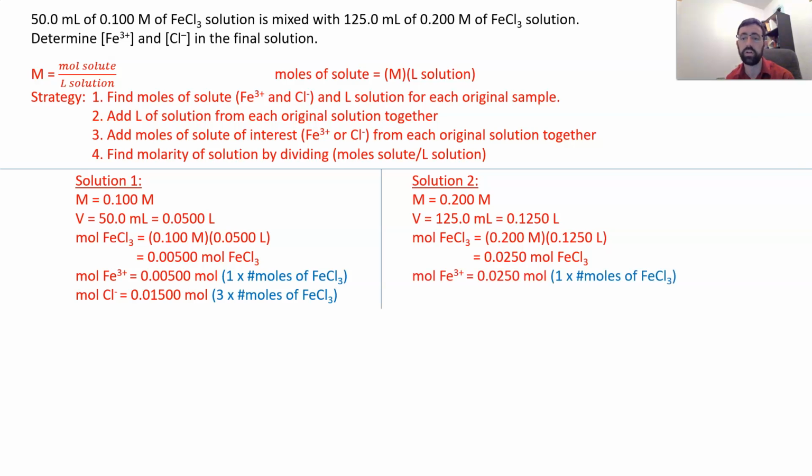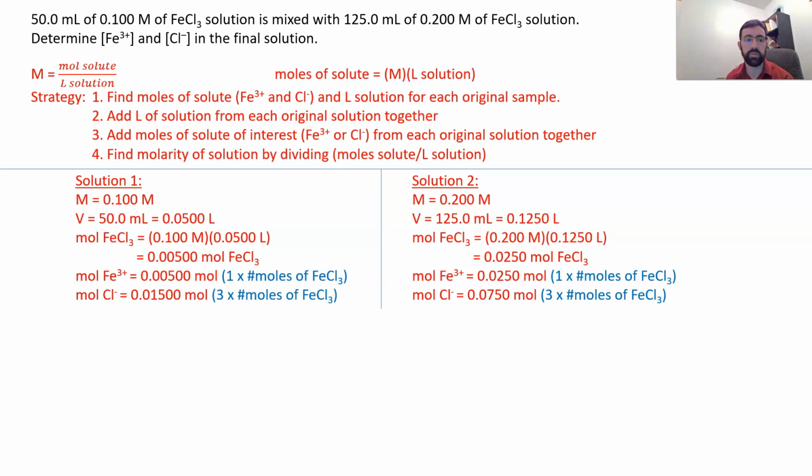Remember, there's 1 mole of Fe3+ in every mole of FeCl3. So the number of moles of Fe3+ is identical to the moles of FeCl3. The chloride ions are going to be 3 times as many in this case, because I've got 3 chloride ions in every FeCl3 formula unit. So I end up with the number of moles of chloride ions being 0.0750 moles.